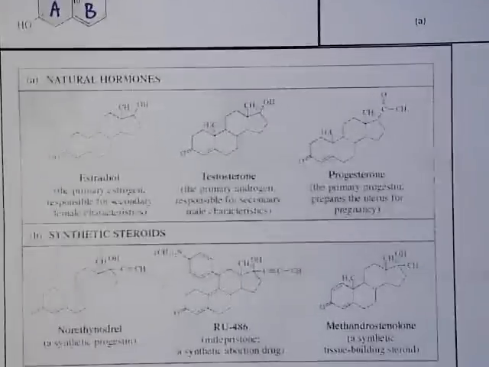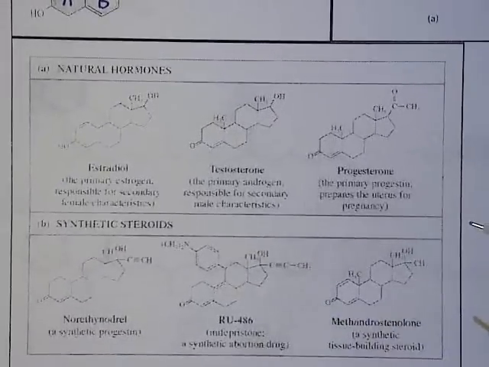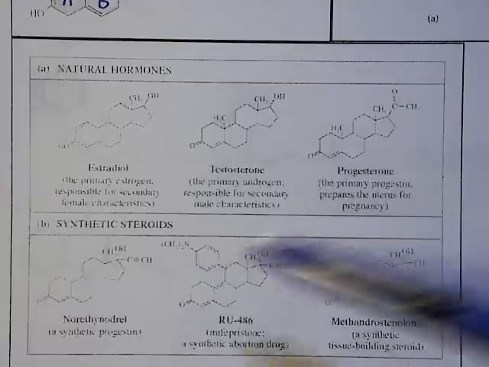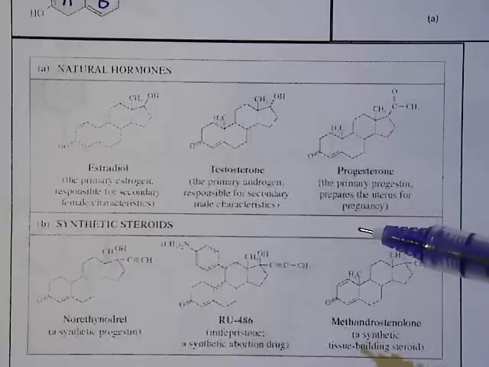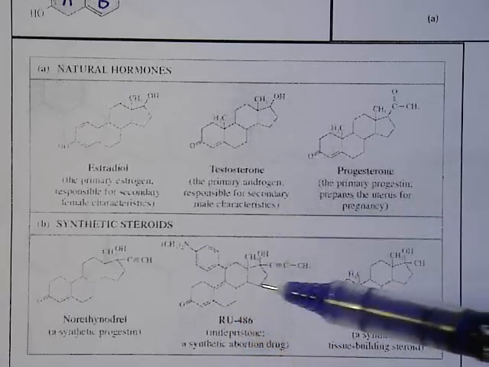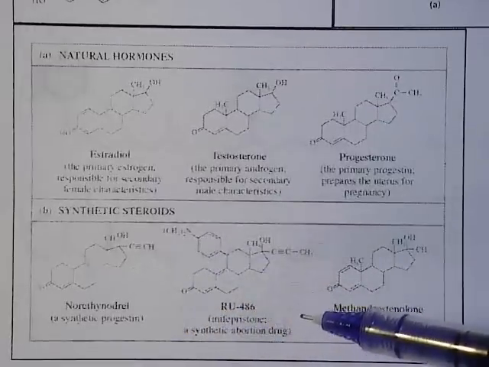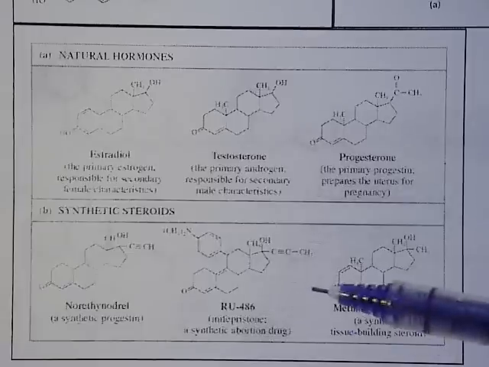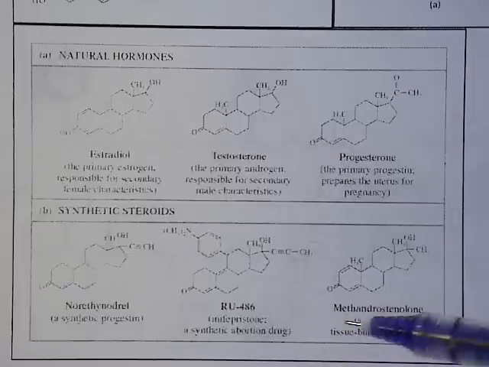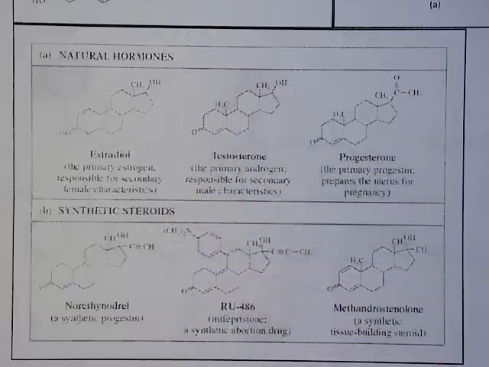If you look at these natural hormones, a lot of the sex hormones, estrogen, progesterone, testosterone, are compounds that belong under steroids. Those are the natural hormones, and underneath you see the structures of synthetic hormones. These are the structures of the pill or an abortion drug and things like that, that try to mimic what the natural hormones do.